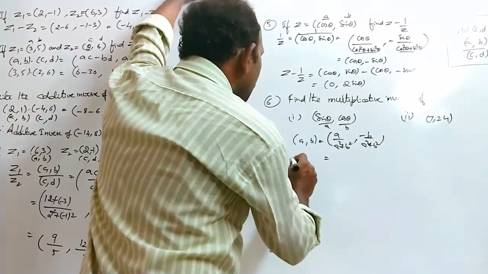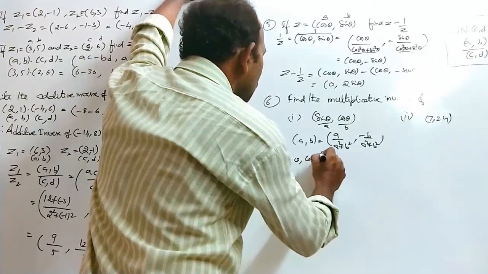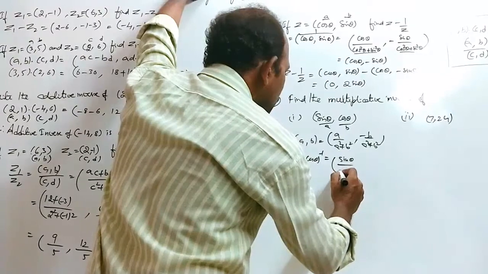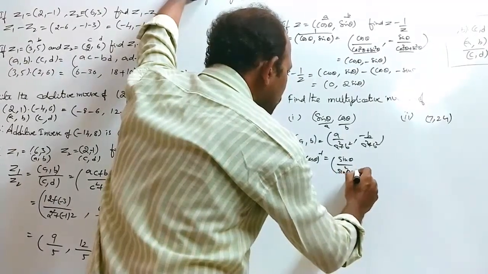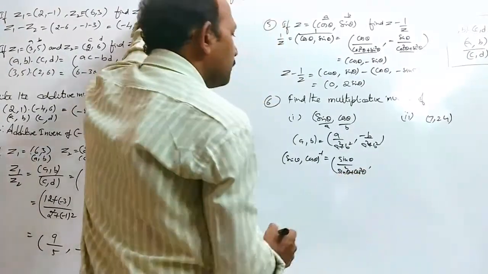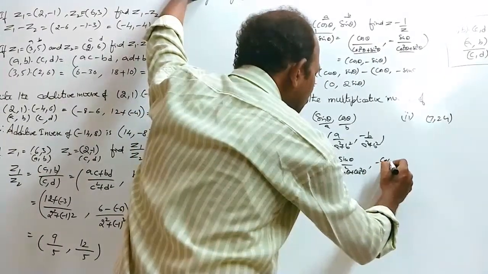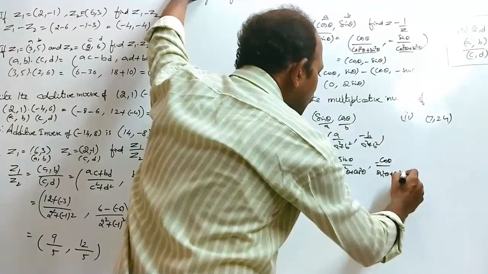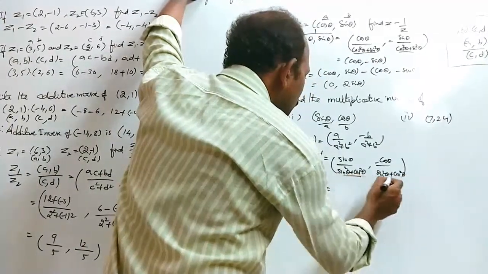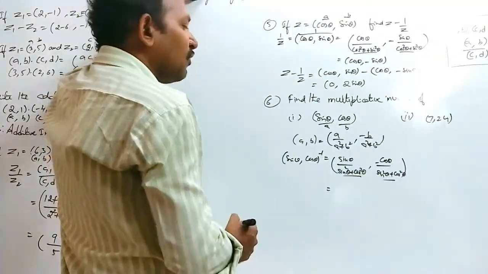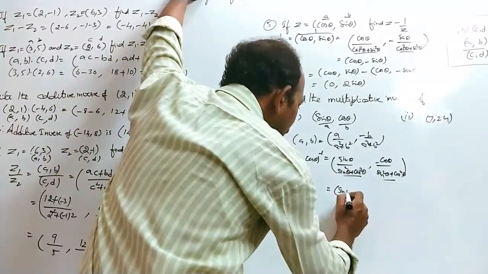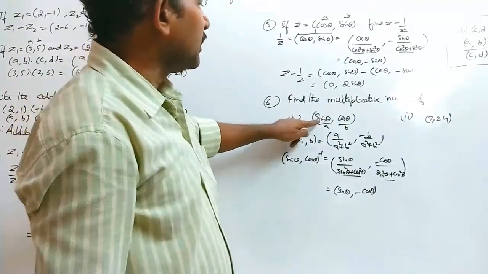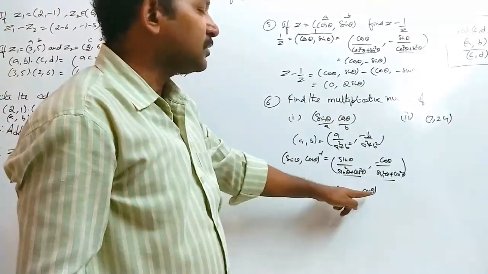The multiplicative inverse of (sin θ, cos θ) is equal to sin θ by sin²θ + cos²θ, comma, -cos θ by sin²θ + cos²θ. Here also sin²θ + cos²θ is equal to 1. Therefore simply the multiplicative inverse is (sin θ, -cos θ).